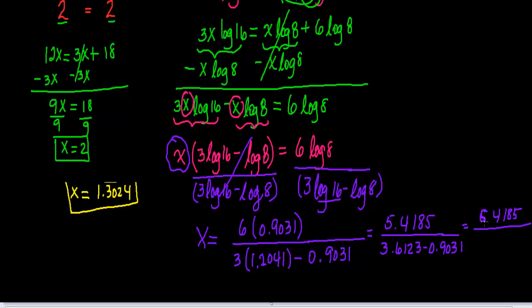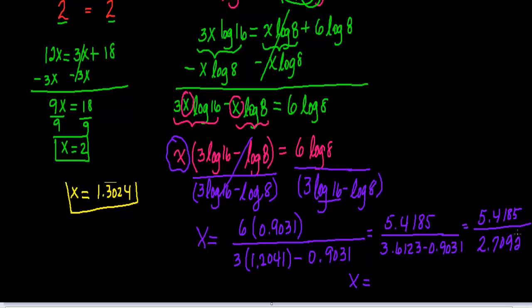This is a 5, not a 6. And let me fix that. This is a 5. 5.4185. And in the denominator, I have 3.6123 minus 0.9031, which is 2.7092. And finally, x will equal this division.